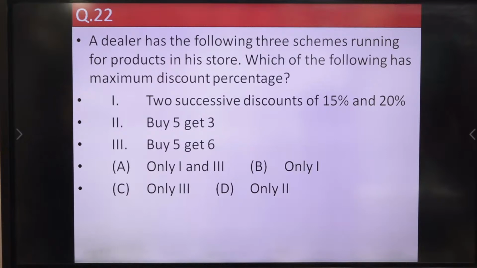Which of the following has maximum discount percentage? There are three different kinds of schemes. So in which scheme you are going to get the maximum discount, that you have to calculate.